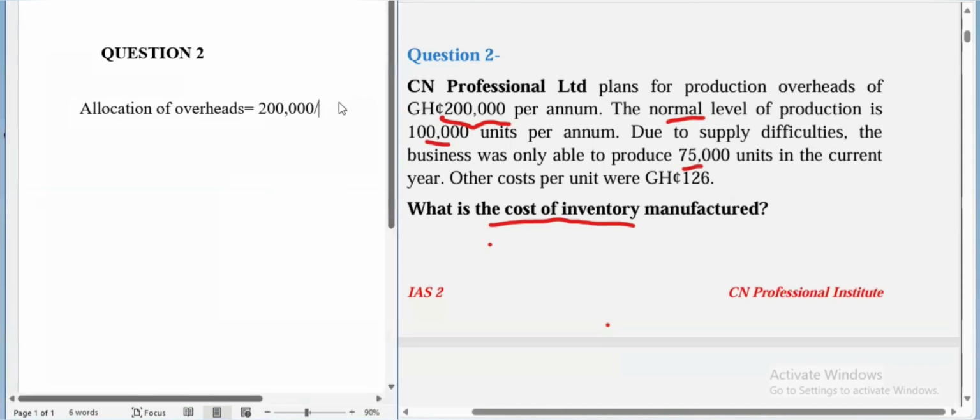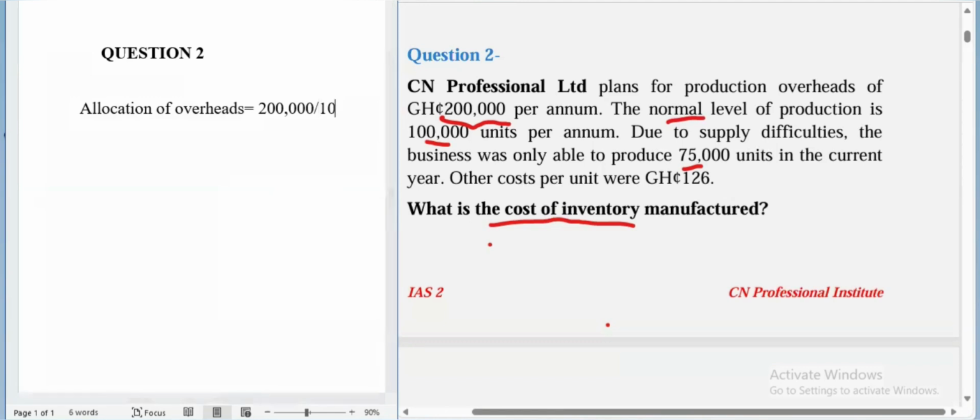The standard says we should use the normal level to do the allocation of the overheads. So 200,000 divided by 100,000 should give you 2 cedis per unit. Let me copy this cedi sign here, and that's what we'll be using in our computation.